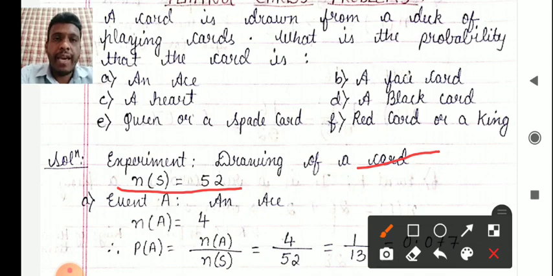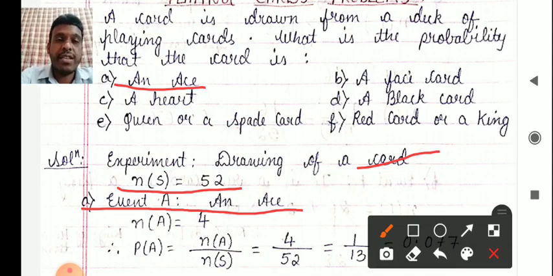Now a, let us see what is event A. Event A is an ace. They have given here an ace. So we are finding out what is the probability that it is an ace. Now what is n of A equal to? N of A equal to 4. Why 4? Because how many aces you have?